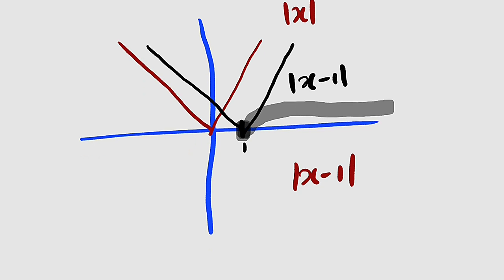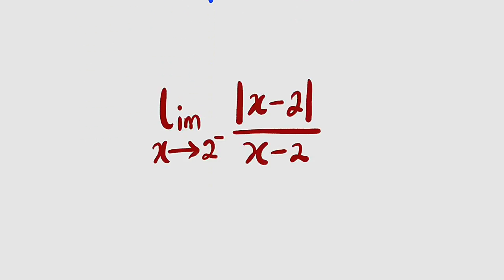Let us take the second one. Alright, here is the second problem. We would like to evaluate the limit of the function, the absolute value of x minus 2 divided by x minus 2, as x approaches 2 from the left hand side.